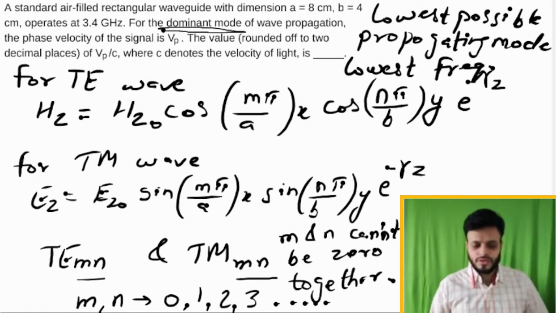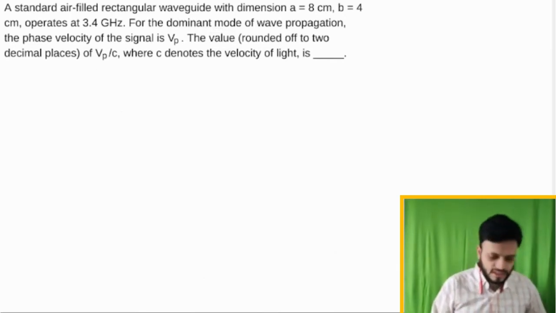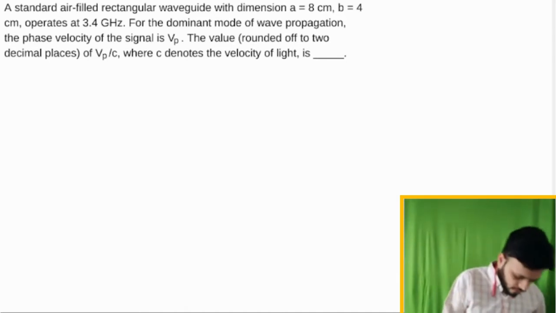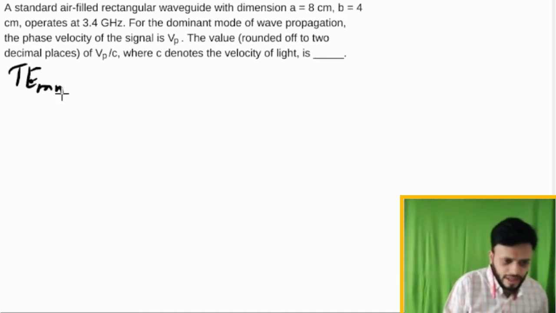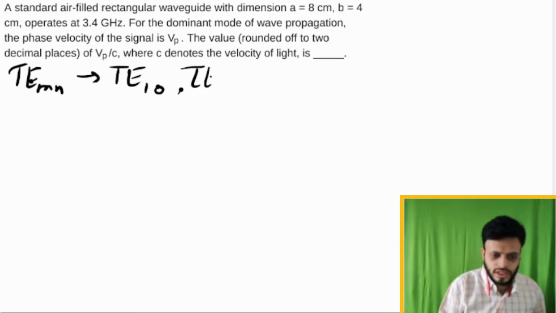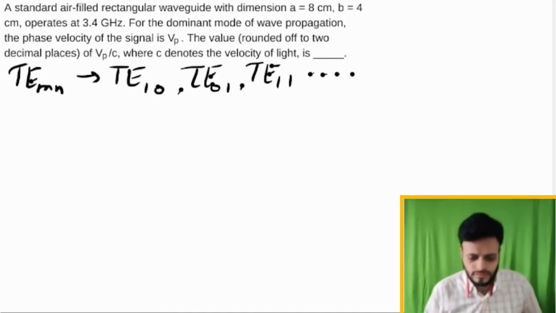Okay, so now let us go to the next slide and see what combinations are possible for the TE mn mode. The combinations are TE10, TE01, TE11, and so on.